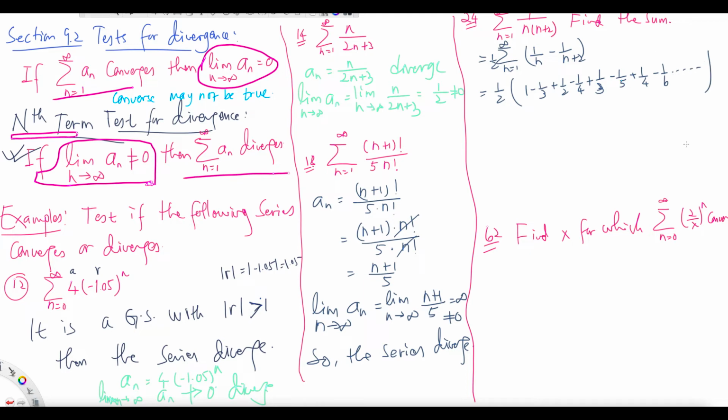Now look at that. Some of these terms will cancel out, and what will survive is, look at this. This 1/3 will cancel out that 1/3, and then this 1/4 will cancel out with that 1/4. 1/5 will cancel out a later 1/5, and so on. So what will not be cancelled out is 1 plus 1/2.